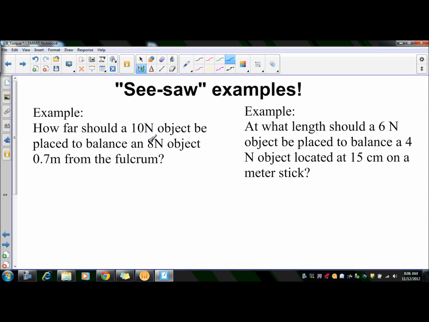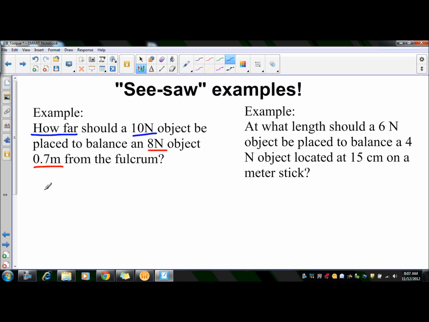So how far should a 10 Newton object be placed? So how far should the 10 Newton object be to balance an 8 Newton object at 0.7 meters from the fulcrum? So we have a distance that we need to find with a force, and then we have another force with a distance.